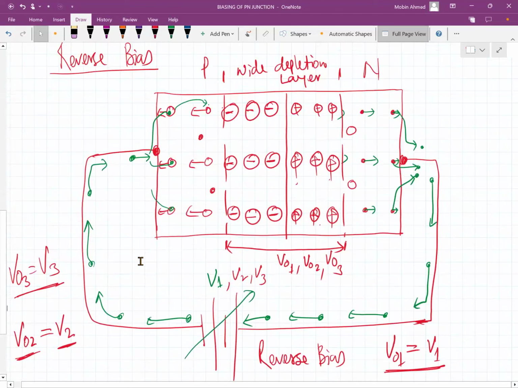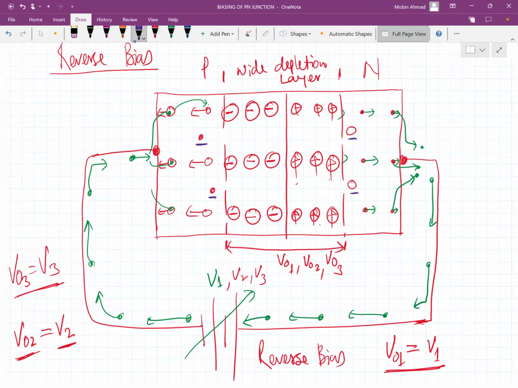Now, remember, in this we also have the minority carrier. Here, this is the minority carrier. This is also a minority carrier.